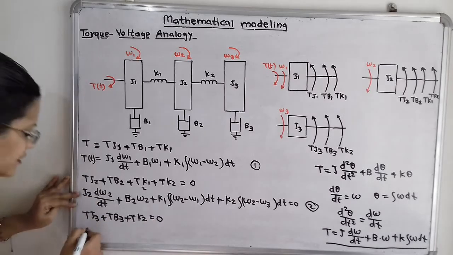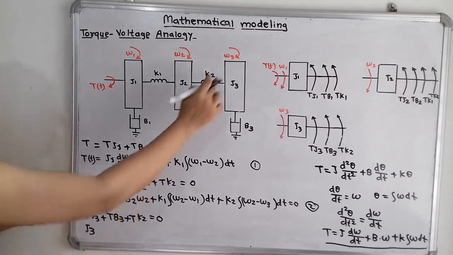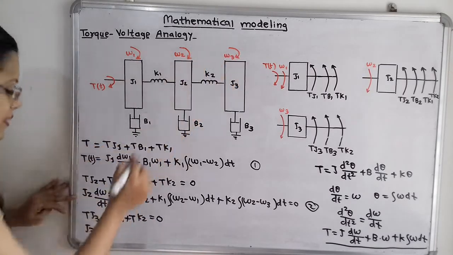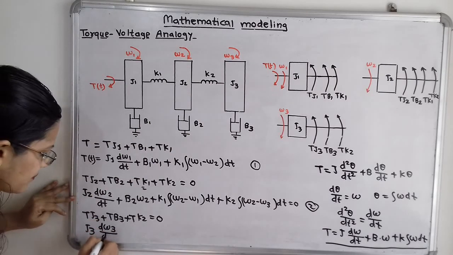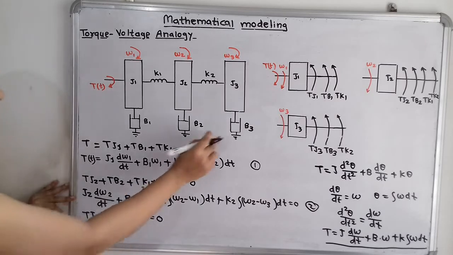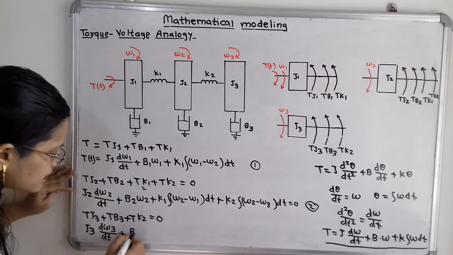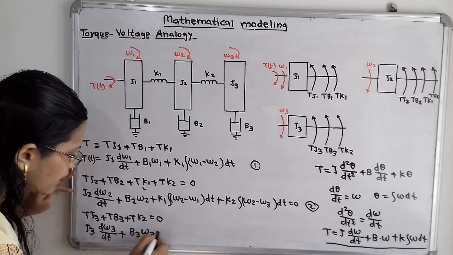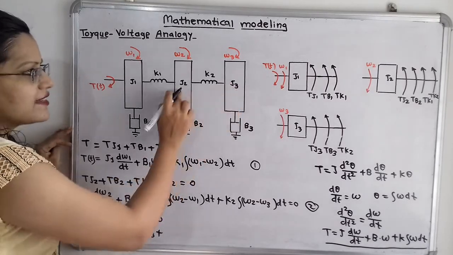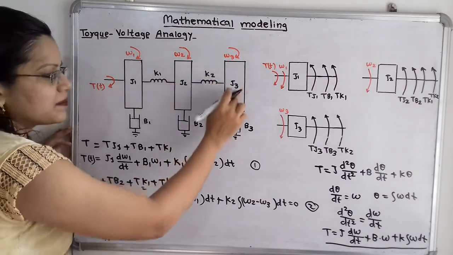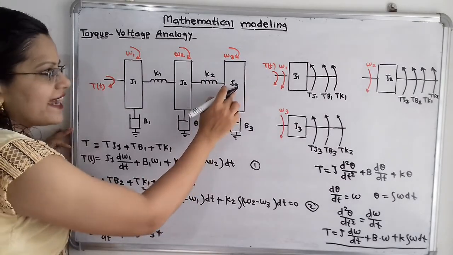So how can we write here? That is J3 is having angular velocity omega 3, that is J3 d omega 3 by dt plus B3 omega 3 plus K2. Now K2 is in between J3 and Z2. So I have to take the difference, but this is the free body diagram of J3.